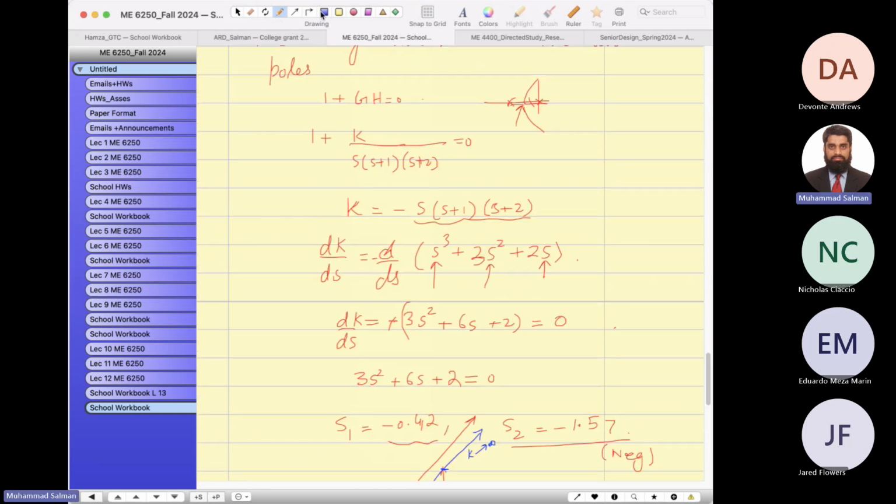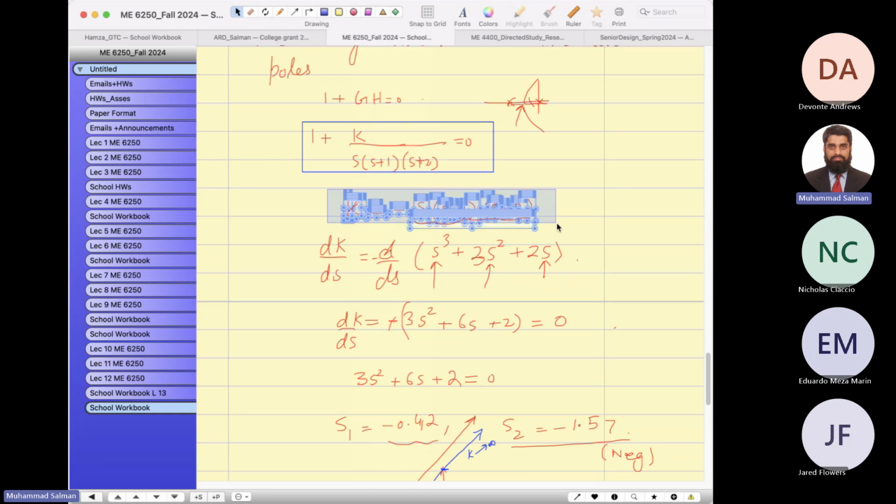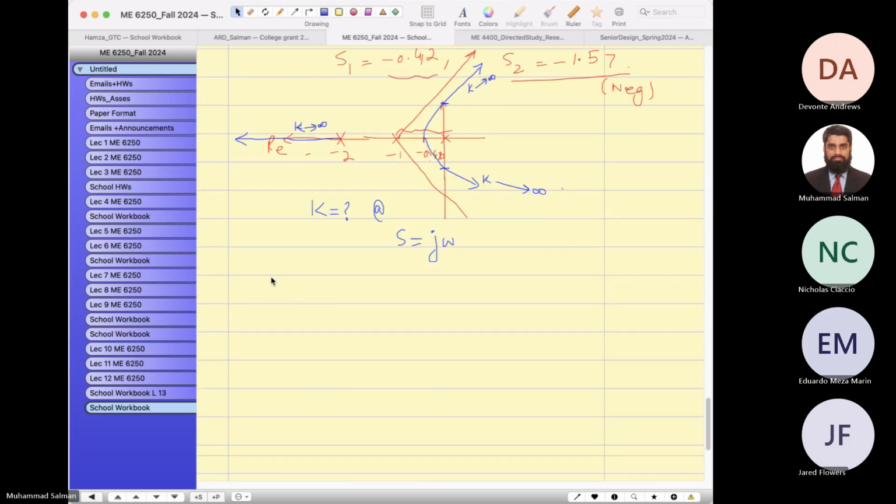Again, my main equation is this one. I'm going to take this equation and replace s by j omega.